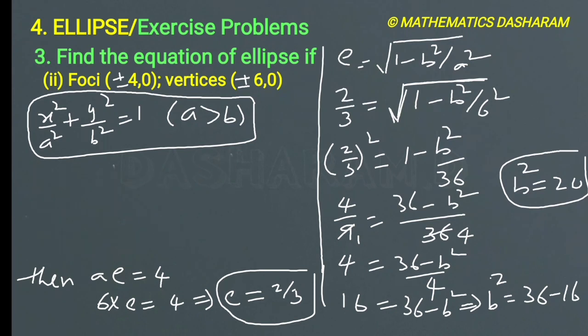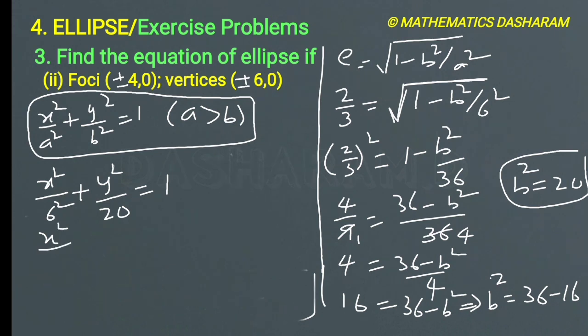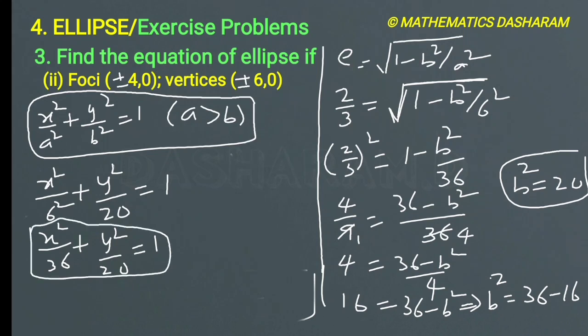Now substitute a and b values in the standard form. So then x square divided by a value 6 square plus y square divided by b square value 20 equals 1. So then x square divided by 6 square is 36 plus y square divided by 20 equals 1. So it is our required equation of an ellipse.